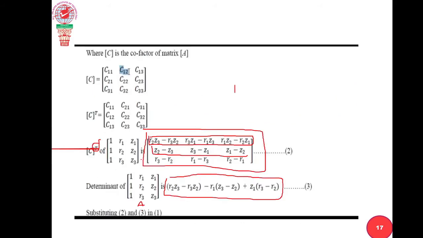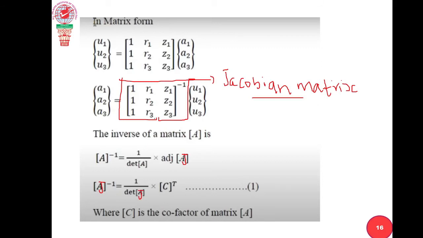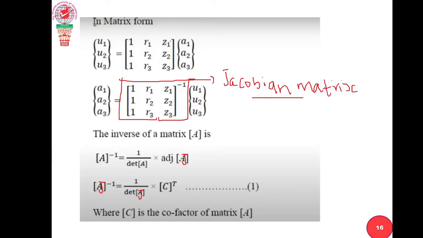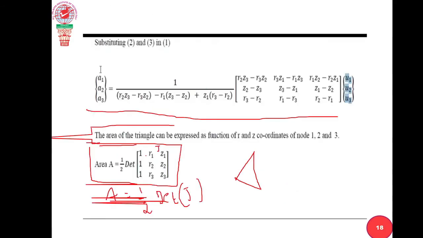Jacobian means this one. This is known as the Jacobian matrix, called the J matrix. So this is very important. Keep this in mind. The triangular element area A is 1 by 2, nothing but half of the determinant of the Jacobian matrix. This is one of the very important properties of the triangular axisymmetric element. Got it?